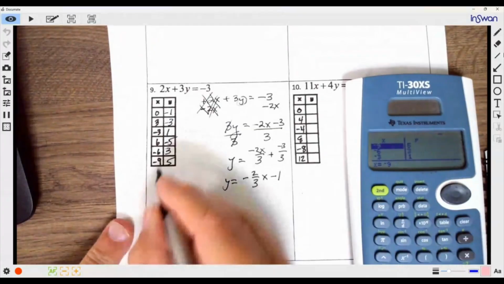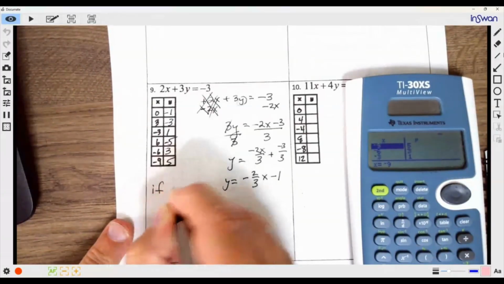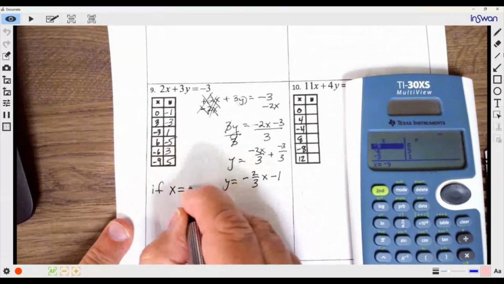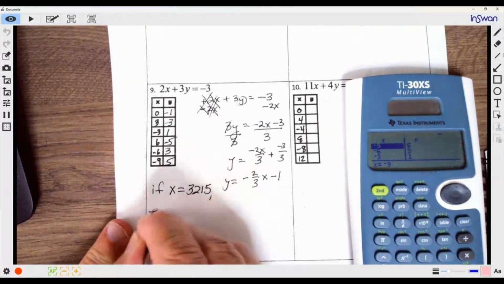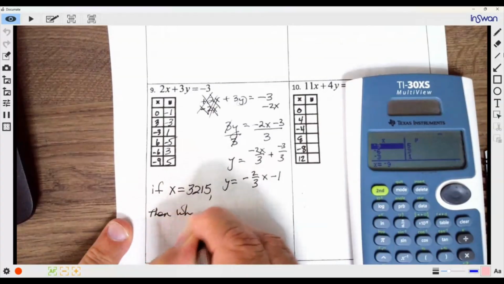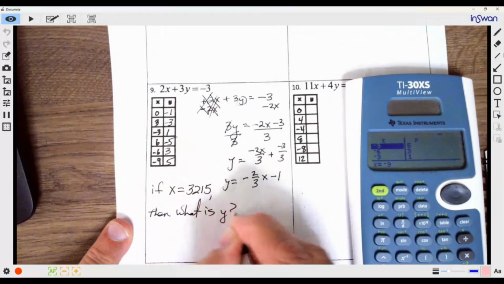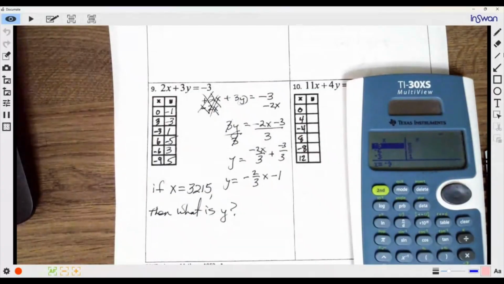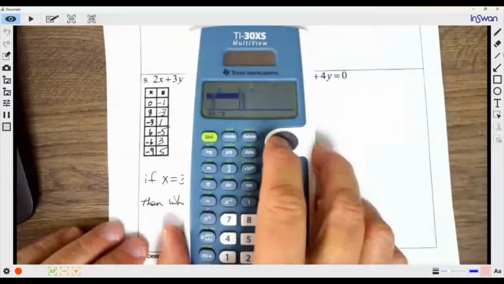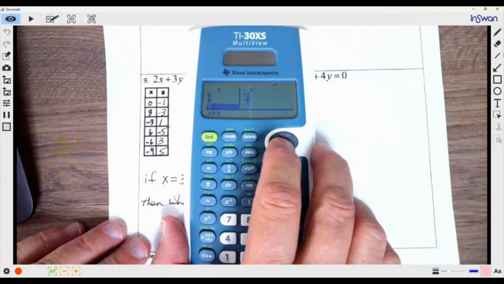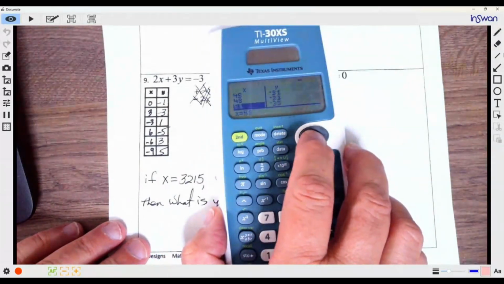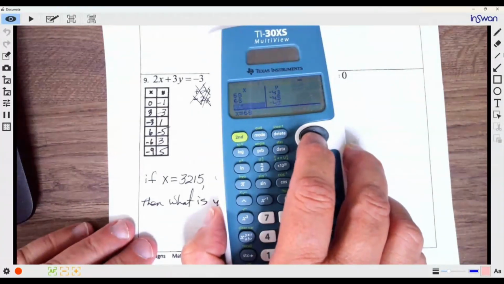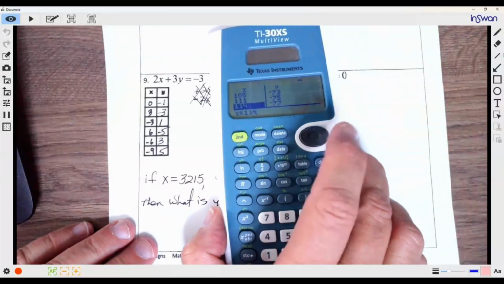They may ask you if x equals... well, are you going to sit there and go through until you get to 3,215, even if that may not even be a multiple of 3? So you're just going to keep going? No.